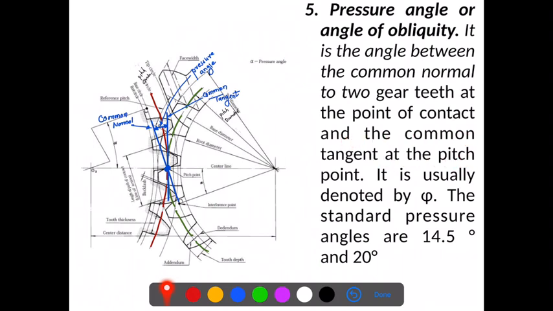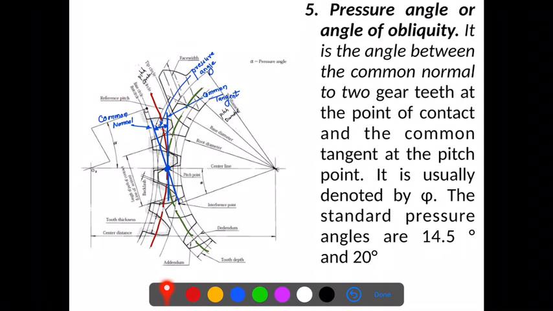It is the angle between the common normal to two gear teeth at the point of contact, where the two gear teeth meet each other, and the common tangent at the pitch point. It is usually denoted by phi, and the standard pressure angles for gear drives are generally 14.5 or 20 degrees.